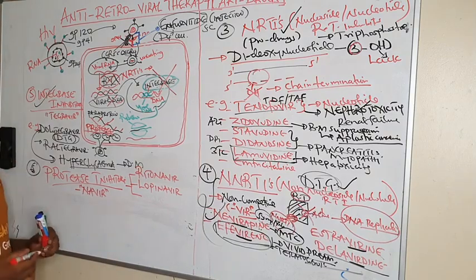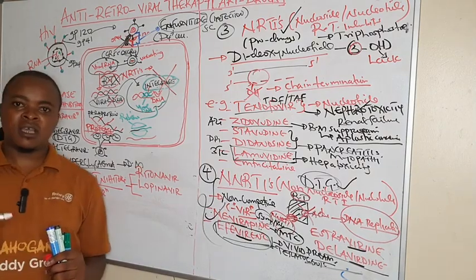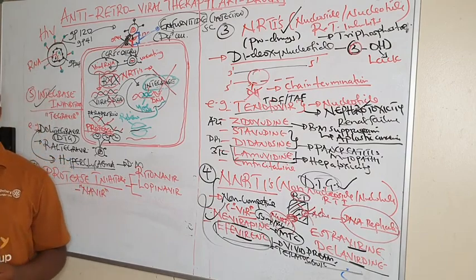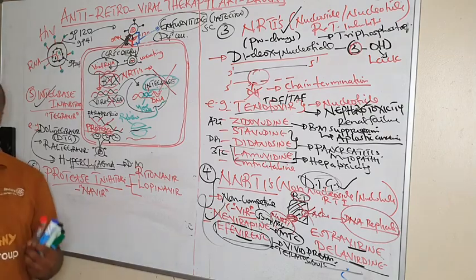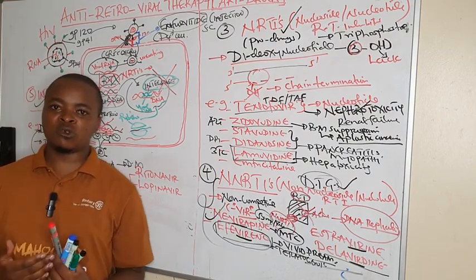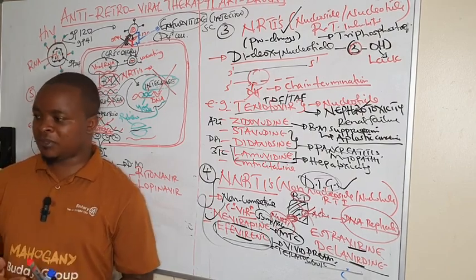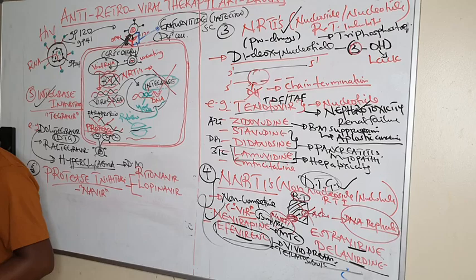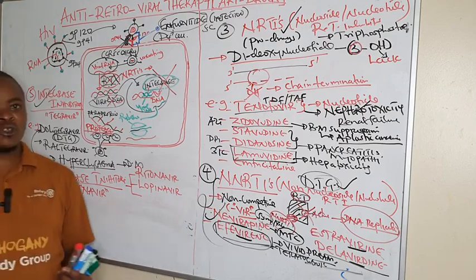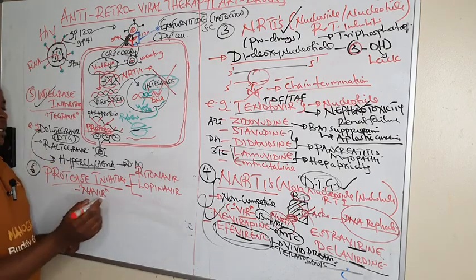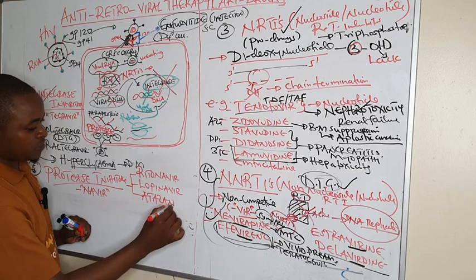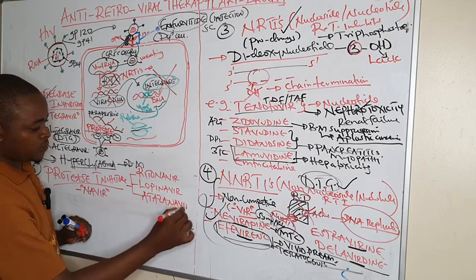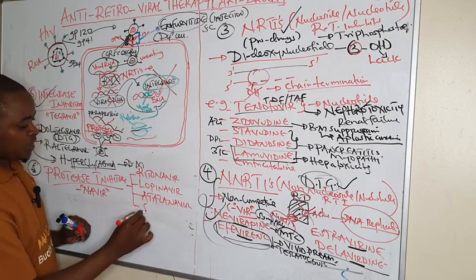So ritonavir and lopinavir are examples of these drugs under protease inhibitors, and their major effect, they are known to cause hyperlipidemia. And we can also add other drugs like atazanavir. We can also add other drugs like saquinavir.